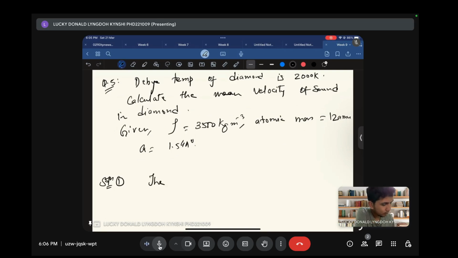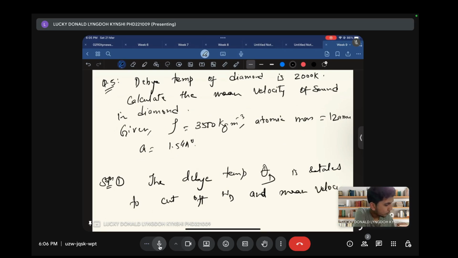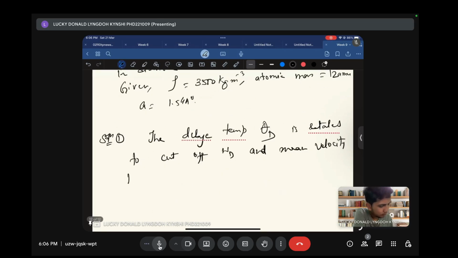The Debye temperature theta D is related to the cutoff frequency omega and the mean velocity by the relation theta D equals h cross omega D by kB.